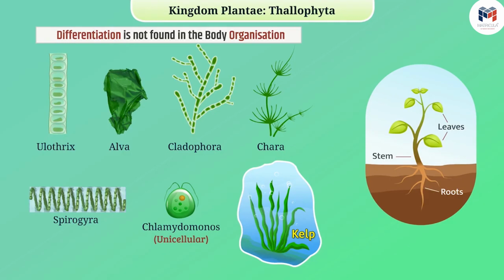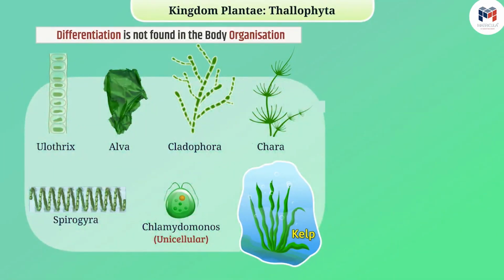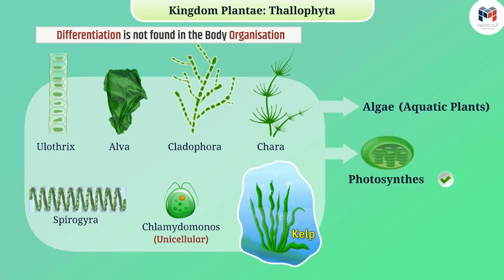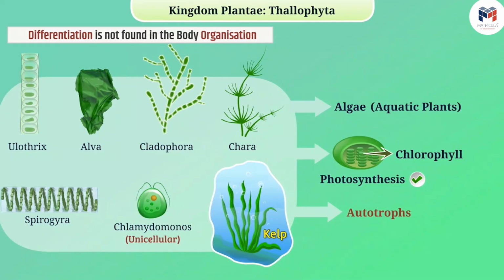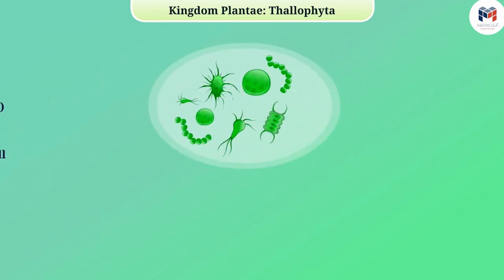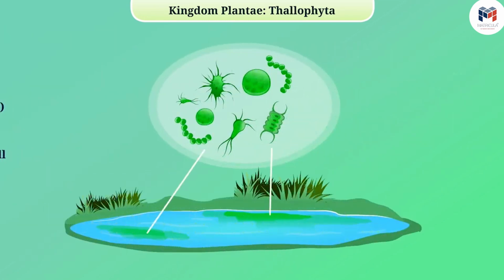All the plants in this group are commonly called algae. These are all aquatic plants. They can do photosynthesis because of the presence of chlorophyll and thus can make their own food. That is, they are autotrophic. Some algae are very small and they form layers on the surface of water.